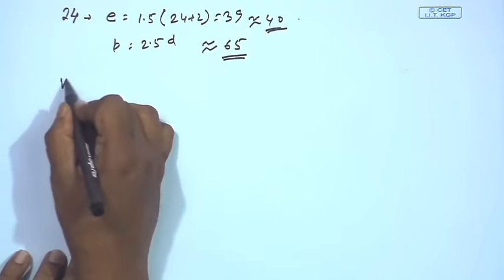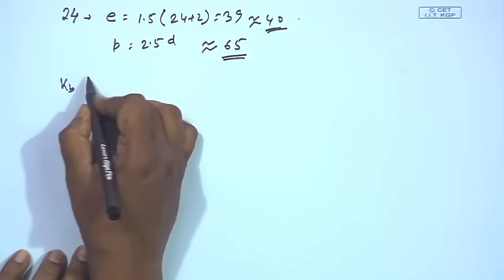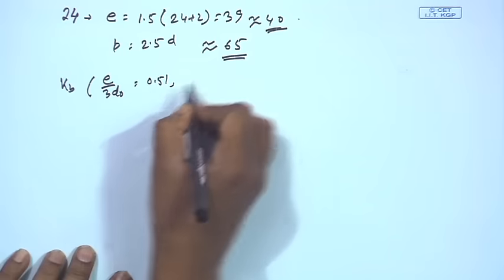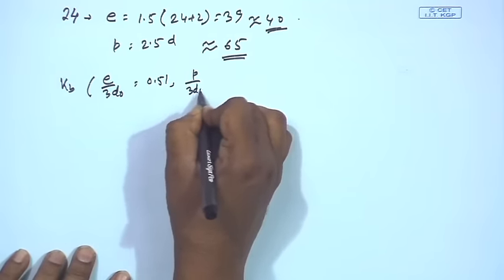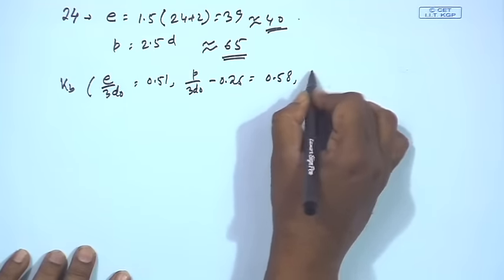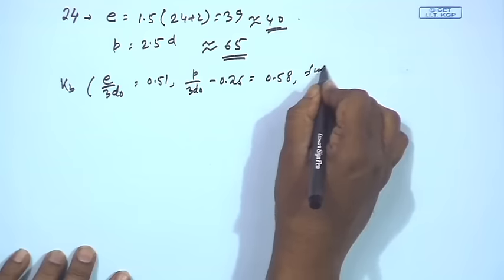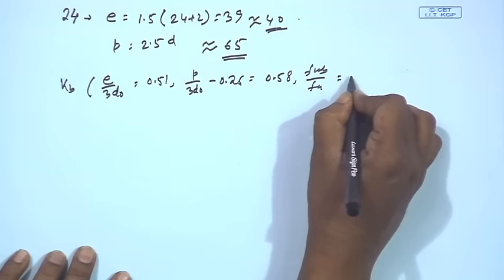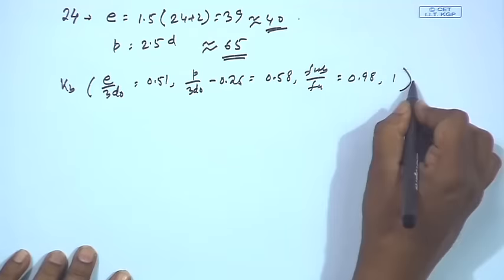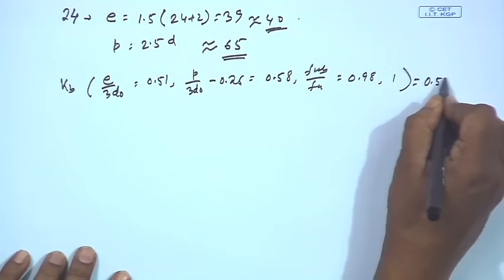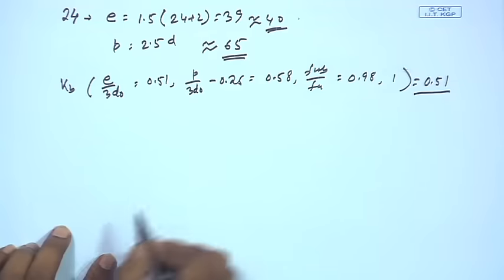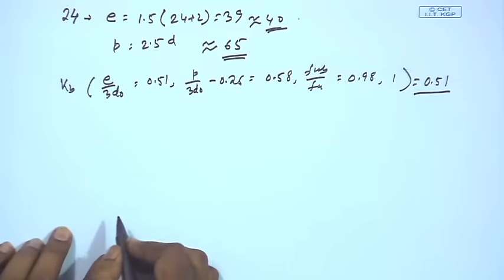So, from that we can find out the KB. KB will be smaller of E by 3 D0, which will be 0.51, P by 3 D0 minus 0.25, which will be 0.58, and FUB by FU, which will be 0.98 and 1. So, smaller of these 4 will be 0.51.